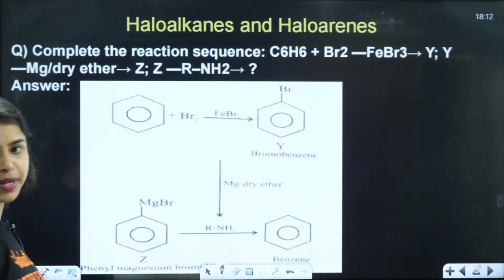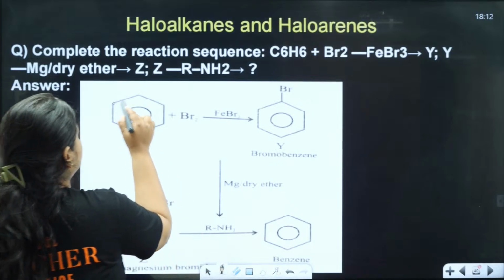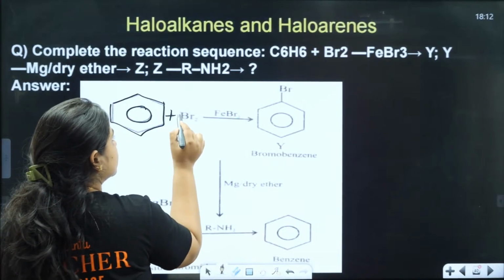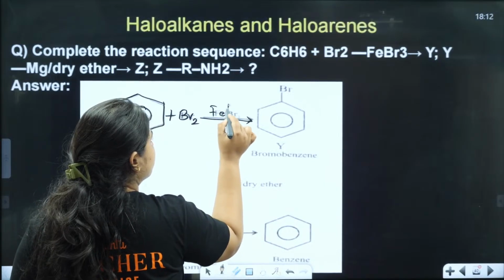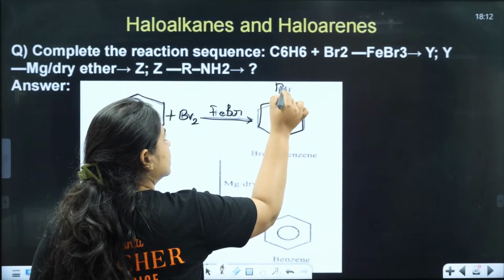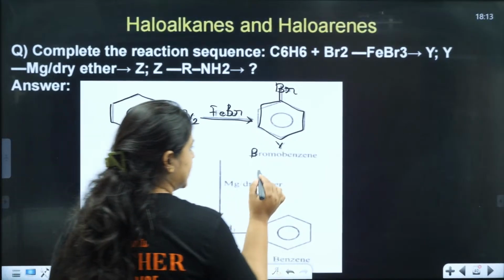Benzene, which is present. You can concentrate on your benzene properly. See how benzene is formed here. Benzene plus Br2 in the presence of FeBr3 is going to form Br, that is bromobenzene.